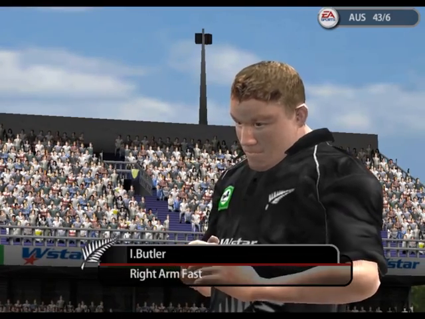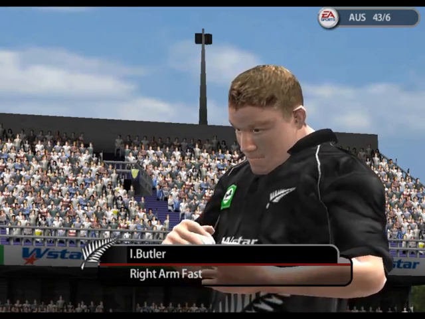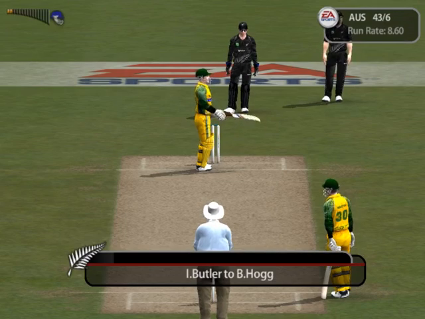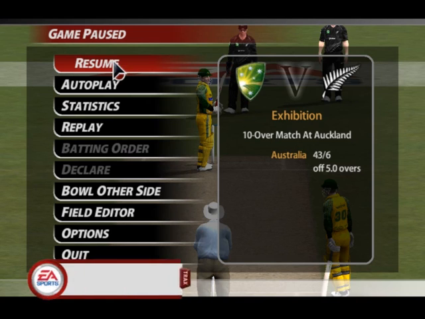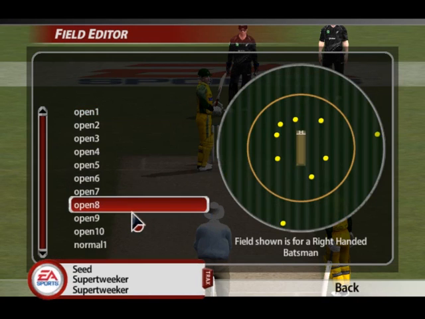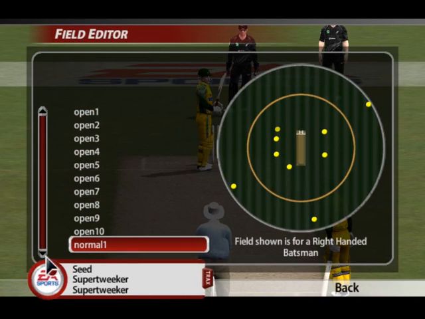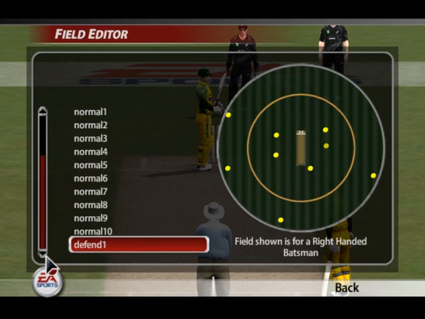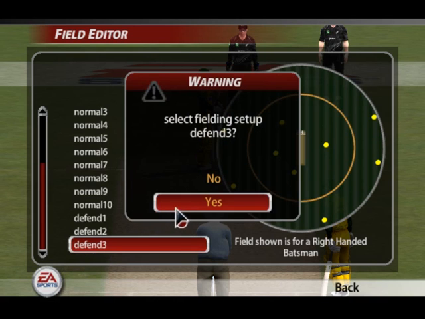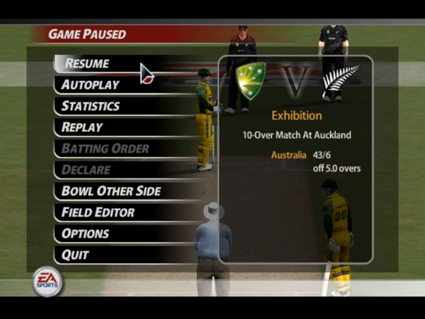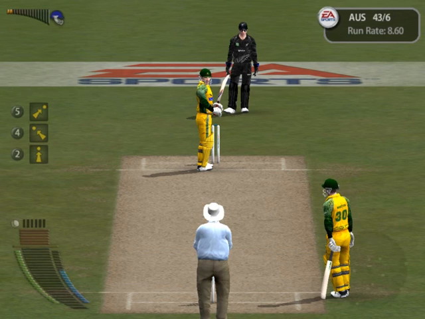Change in the bowling for New Zealand. Hogg is now on strike. Fleming changed his field slightly.